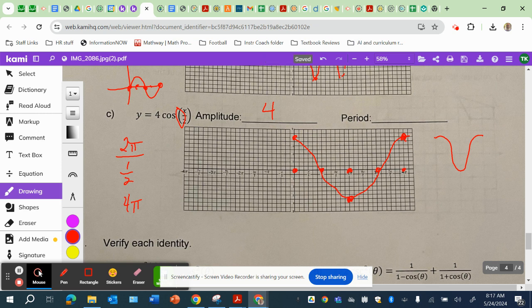And then you could do the same thing over here. So it goes to -4, halfway, halfway, halfway. The key is those five points. And so the only thing that changes is where you start and end your points, and that is based on the period.